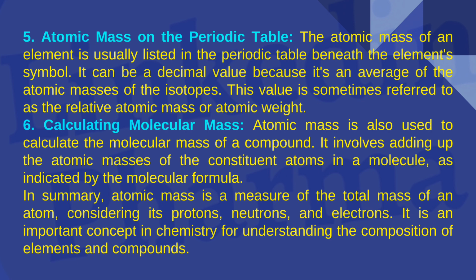Atomic mass is also used to calculate the molecular mass of a compound. It involves adding up the atomic masses of the constituent atoms in a molecule, as indicated by the molecular formula. In summary, atomic mass is a measure of the total mass of an atom, considering its protons, neutrons, and electrons. It is an important concept in chemistry for understanding the composition of elements and compounds.